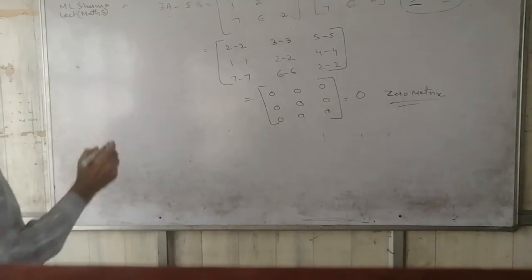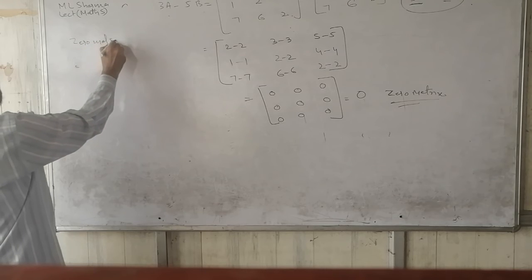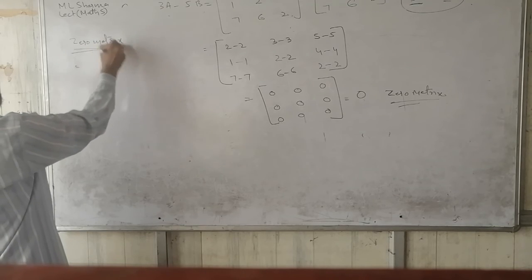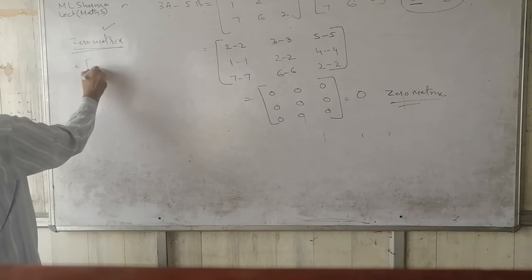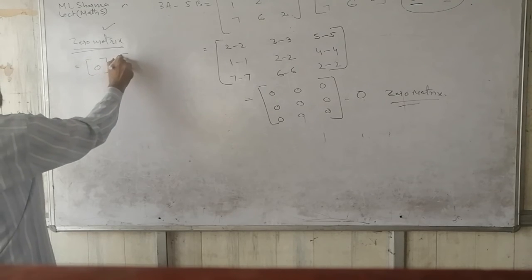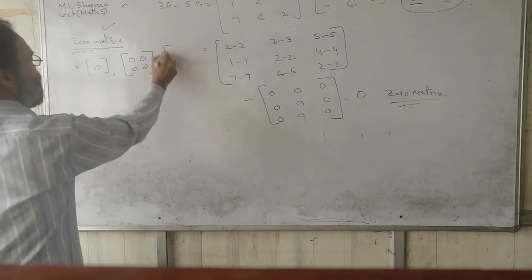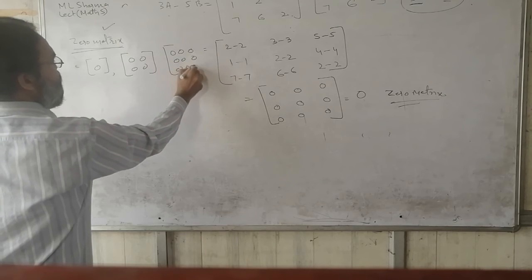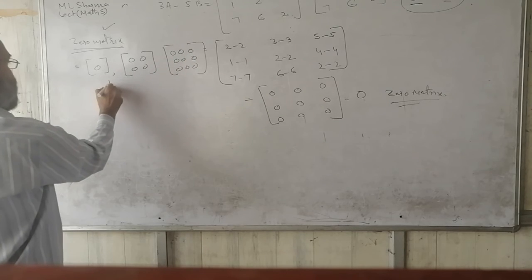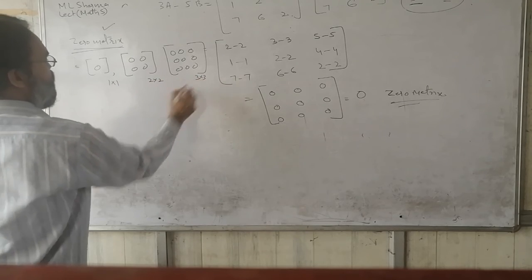So what is a zero matrix? This is also one type of matrix. A matrix of this type can be of order 1 by 1, 2 by 2, 3 by 3.